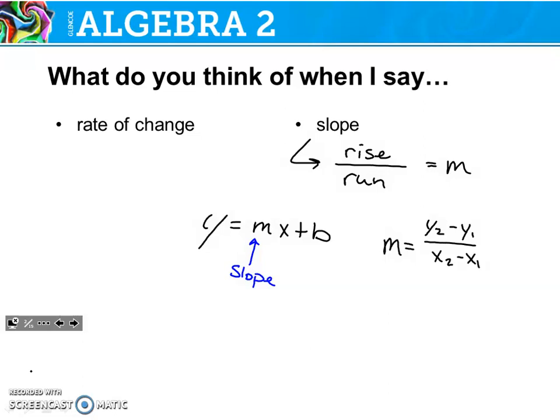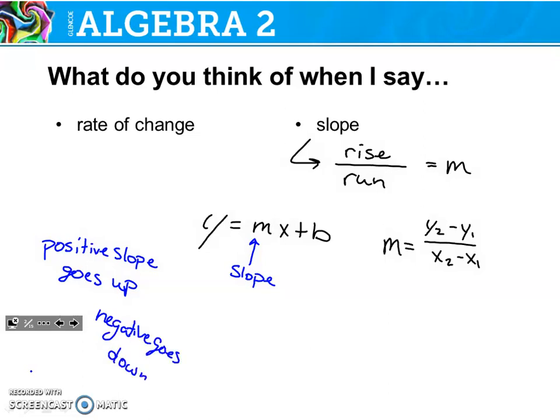Okay, that all deals with slope there as well. Hopefully some of that looks familiar to you guys. Some others that I've heard is positive slope goes up and negative slope, so negative goes down. That was one that the kid said last year, I think.